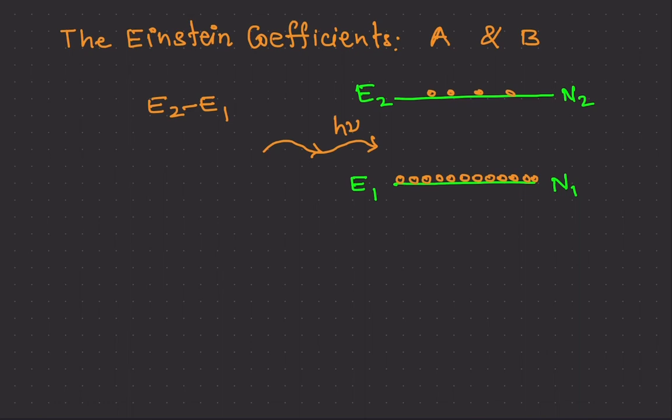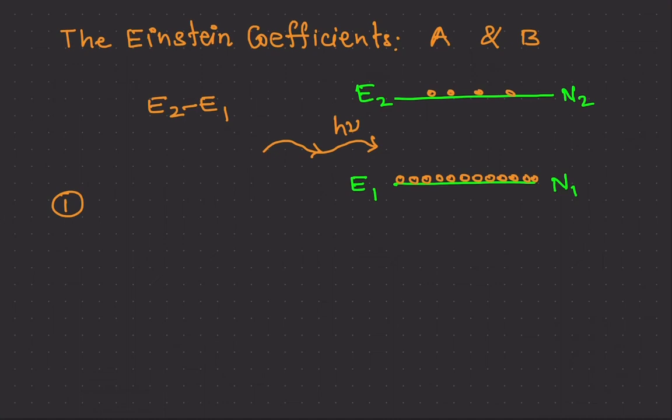falls on the atomic system, then it can interact in three distinct ways. First, an atom in the lower energy level E1 can absorb the incident radiation and be excited to energy level E2.